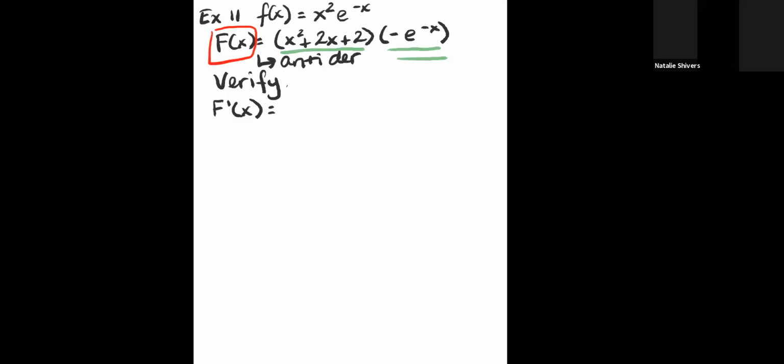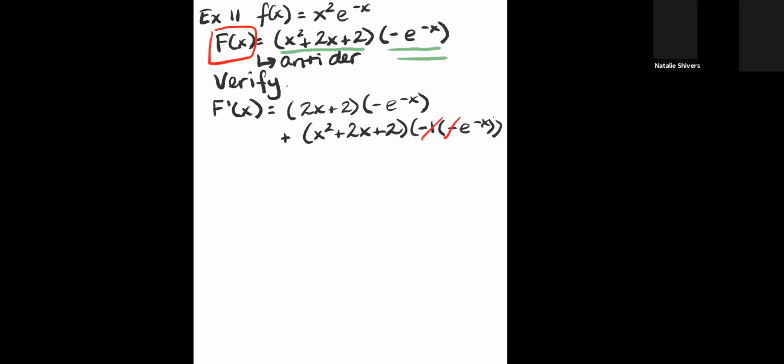Okay, so we're going to take the derivative of x squared plus 2x plus 2, which gives us 2x plus 2, negative e to the negative x, plus the first part stays the same. And the second part, the negative 1 comes down times the original function. Okay? So my negatives will cross off here. Those go away.